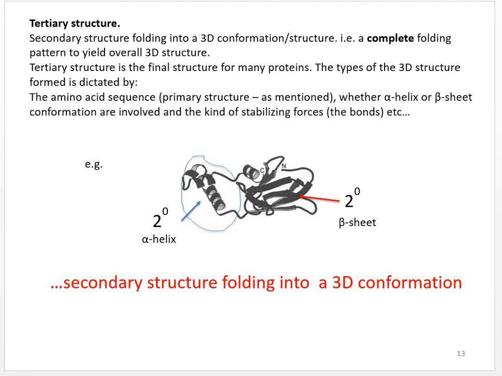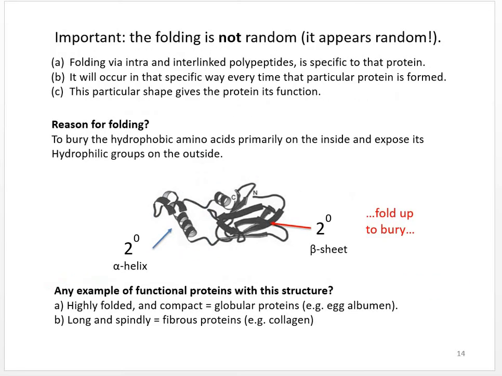Okay, a little bit more on the tertiary structure. You see the folding of this protein. It looks random, it appears random, but it is not. Our body knows what it is doing. The folding, happening inside and between the linked polypeptides, is very specific to the protein.